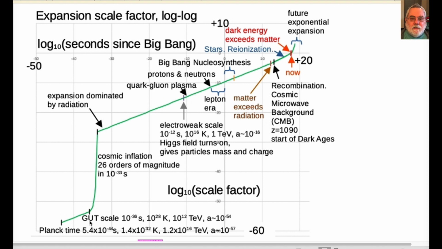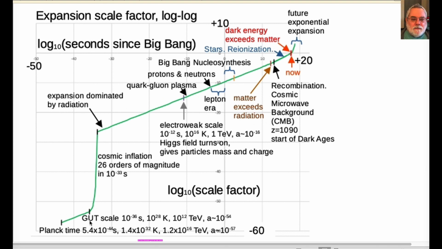Prior to 10 to the minus 36 seconds, the electroweak forces and the strong nuclear force are believed to have been unified, and elementary particles were different in that grand unified epoch. See also Grand Unified Theory on Wikipedia.